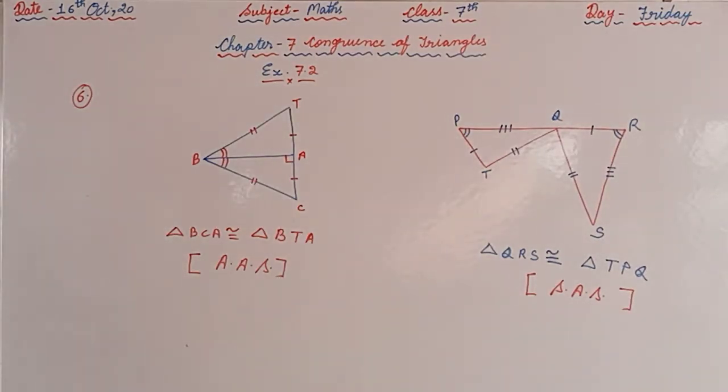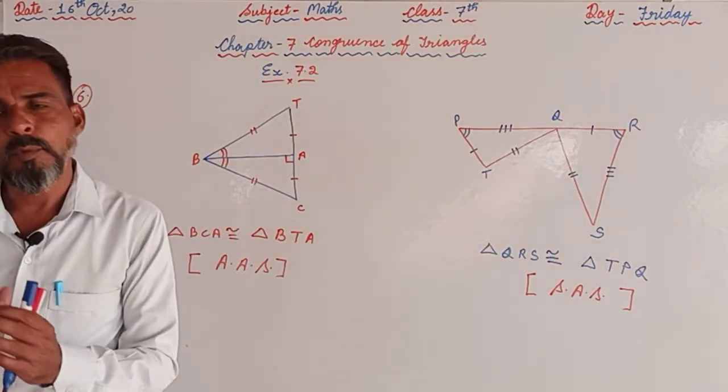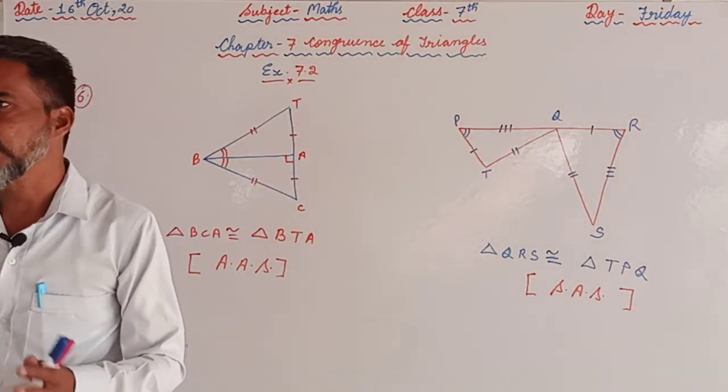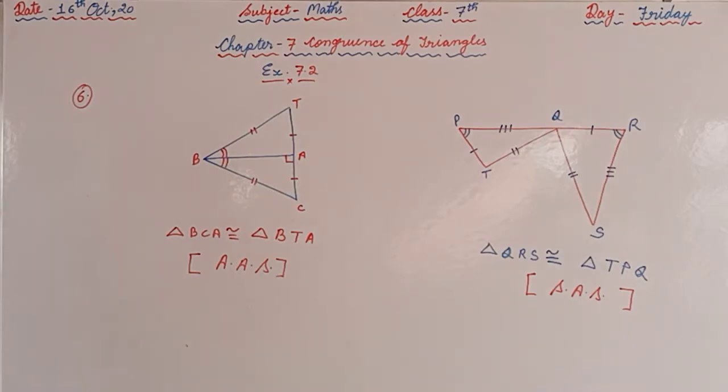In a square sheet, draw two triangles of equal area such that, in the first case both are congruent, and in the second case both are not congruent. So you can try at home if you are having a square sheet. Then for question 8, again you are supposed to try that, because you are supposed to make a rough diagram. And in question number 9 we can do the following.